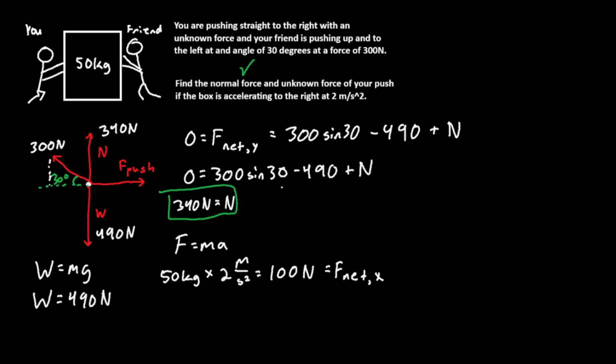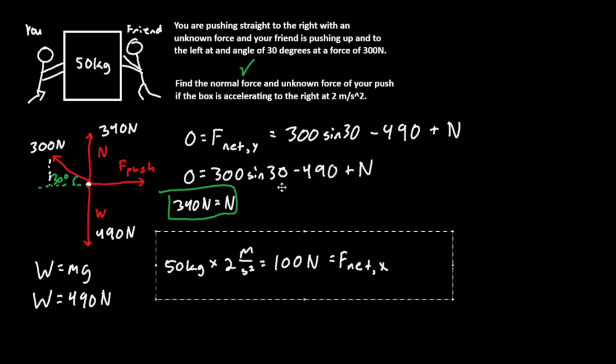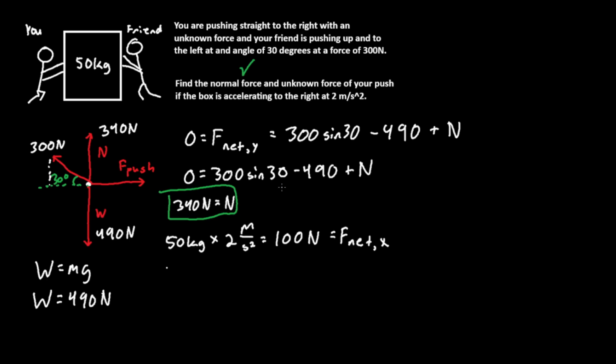So if you were to actually solve for this using our known quantities, let's set up the equation. Let's write 100 newtons is equal to F net of x. If you were to add up all the forces in the x direction, well, you have your push force, which is positive, so we're going to leave that positive. So F push is the force of you pushing, and the x component of your friend pushing at a diagonal is also one of the x forces going on.